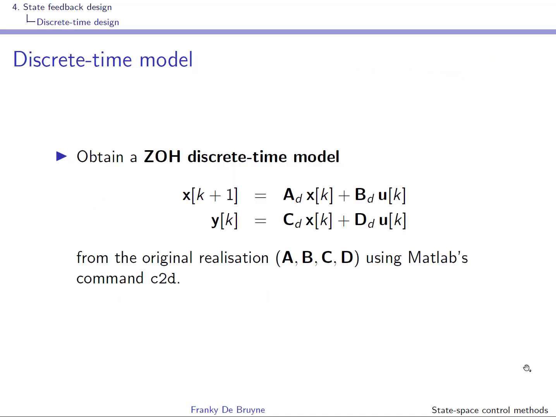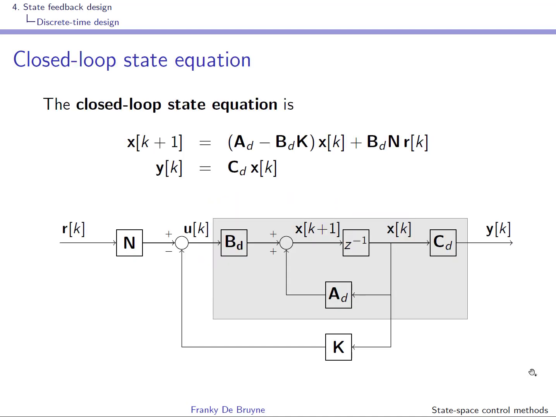We have seen that it's easy to obtain a discrete time realization of the original realization using the ZOH discretization method, and for that you can use Matlab's command c2d. If you use it without arguments, you will automatically be selecting the ZOH discretization method. So remember that our open loop state equation is x of k plus 1 equals AD xk plus BD u of k.